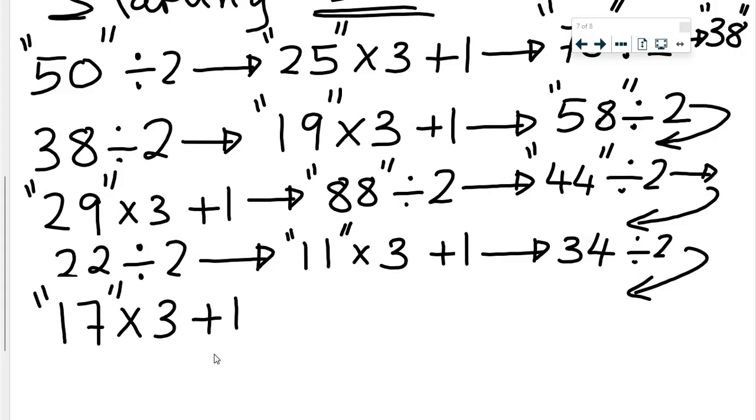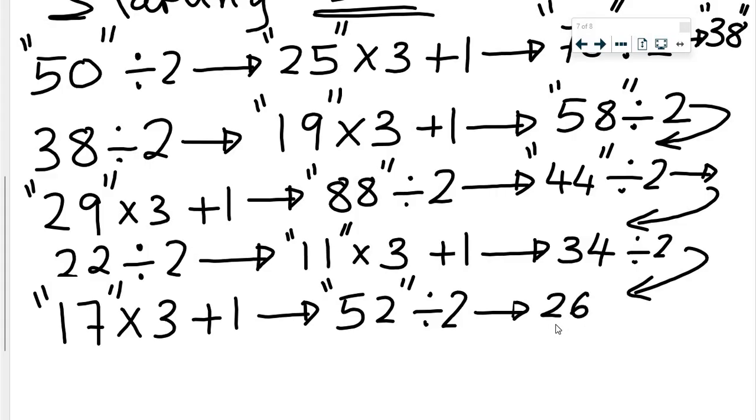The answer you get, add 1. This will give you 52. 52 is an even number. You need to divide by 2. What do you get? This gives you 26. 26 is an even number. You need to divide by 2. What do you get? 26 divided by 2 is 13.